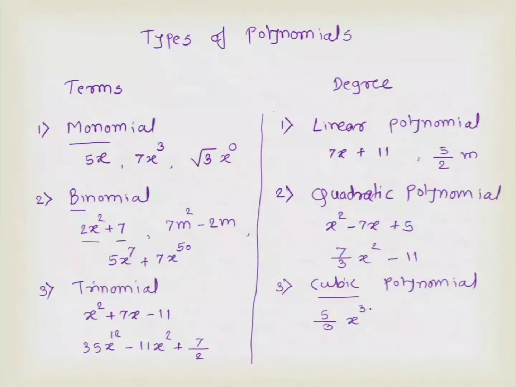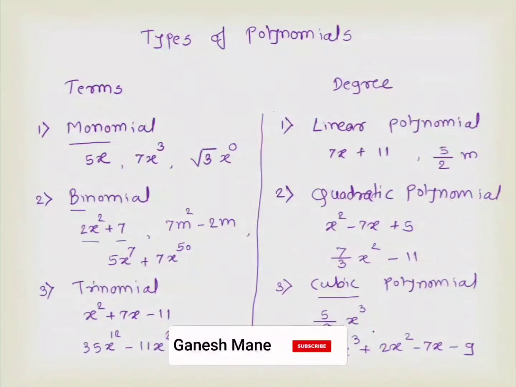It is an example of a cubic polynomial. Though there is only one term, the degree of this polynomial is 3, that's why it is a cubic polynomial. Or if we have another example, 11x cube plus 2x square minus 7x minus 9. Here also the degree of this polynomial is 3, that's why it is also an example of a cubic polynomial.